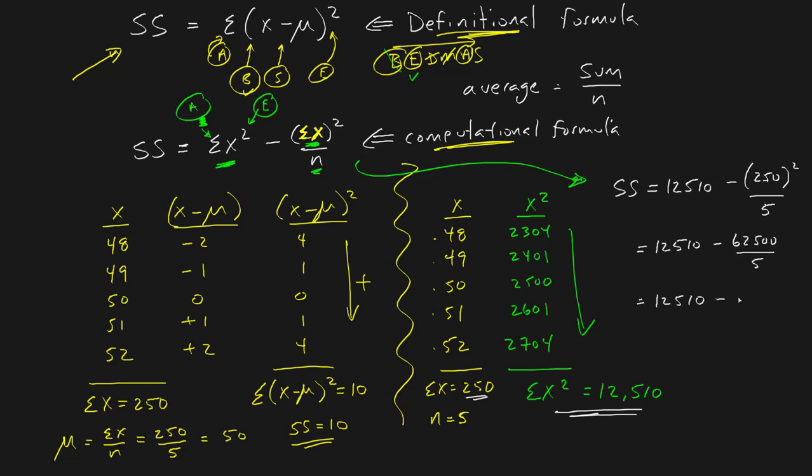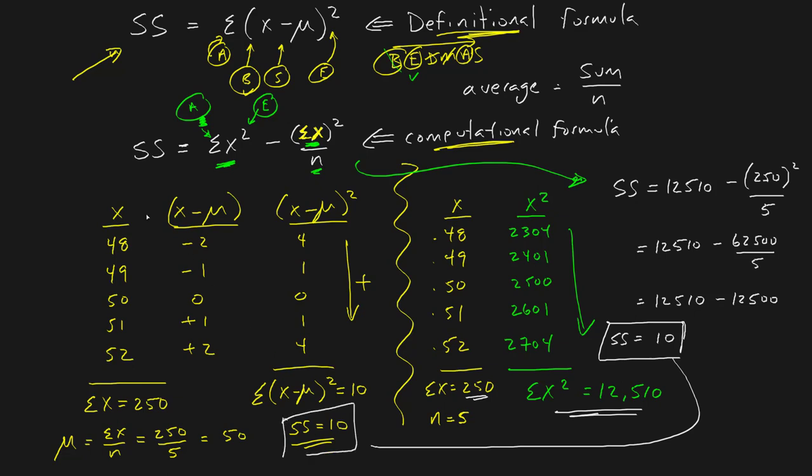When you work this out, it comes out to be 12,500. Let me correct that here. And so the answer ends up being 10. So the sum of squares is 10. This is the same as what we got when we did the definitional formula.